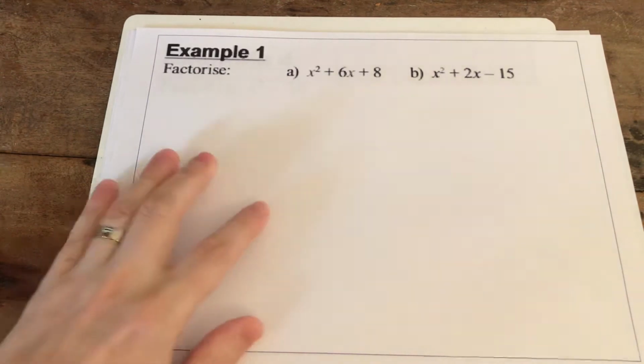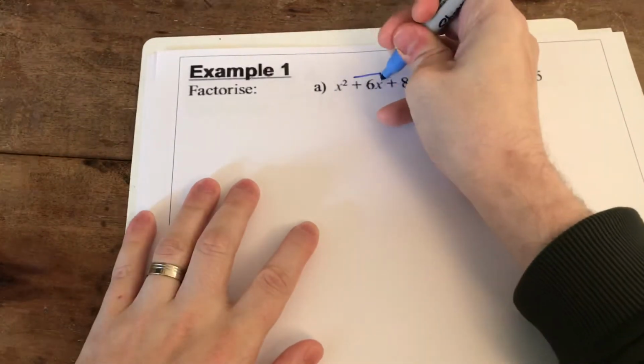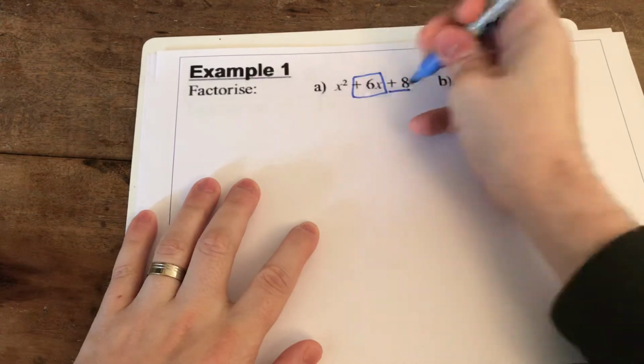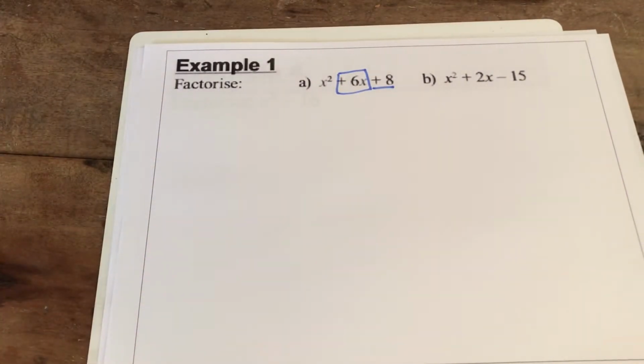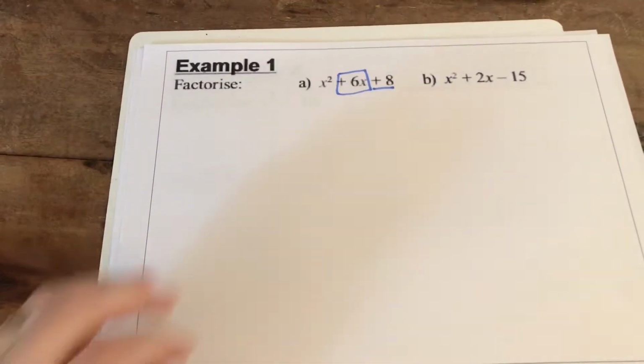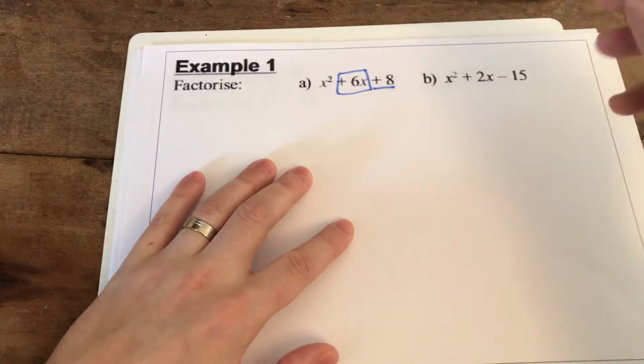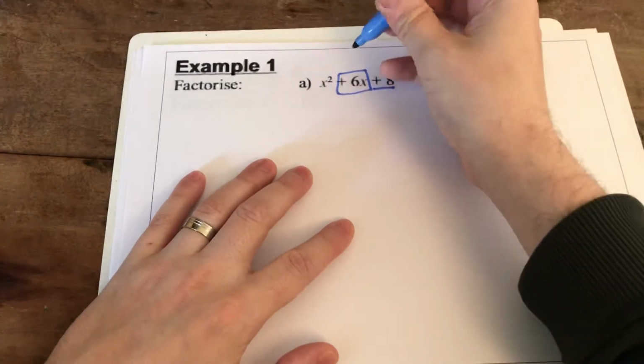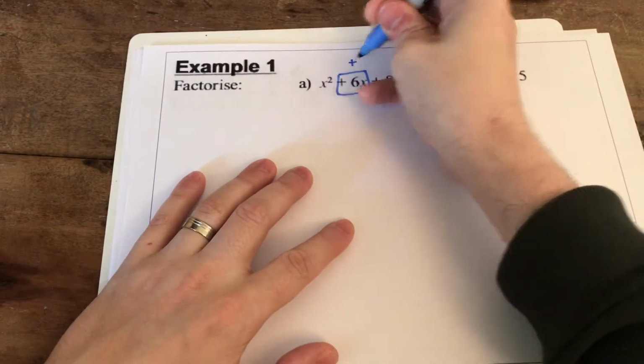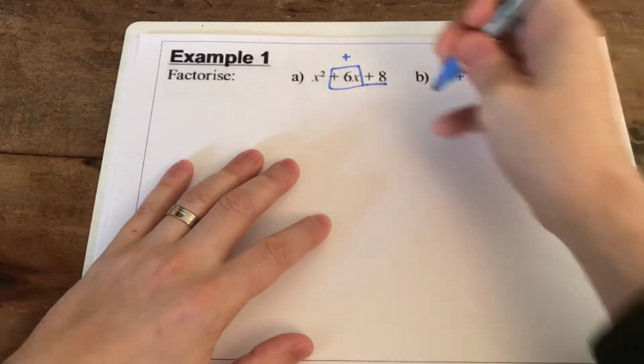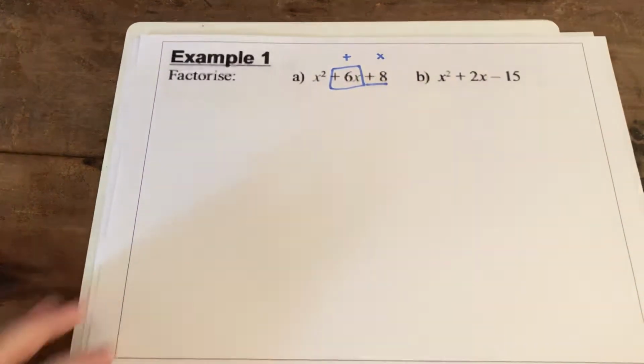So to do this, we're going to use these key numbers here. What we want is for the numbers in our brackets to add to the number in the middle, and we want them to times to give 8.